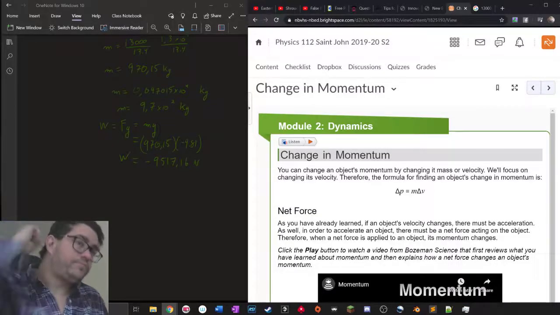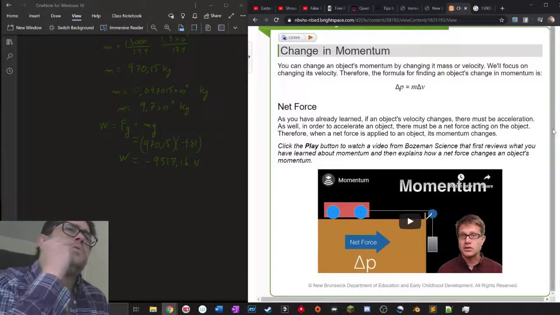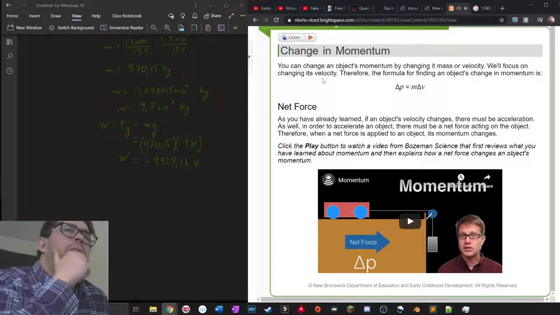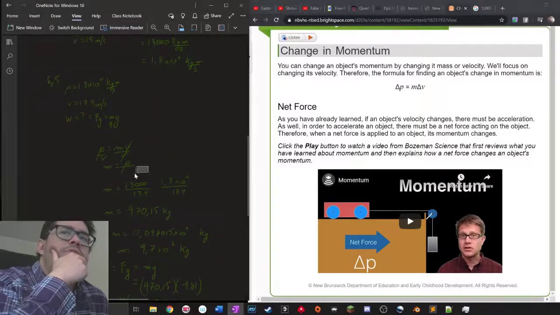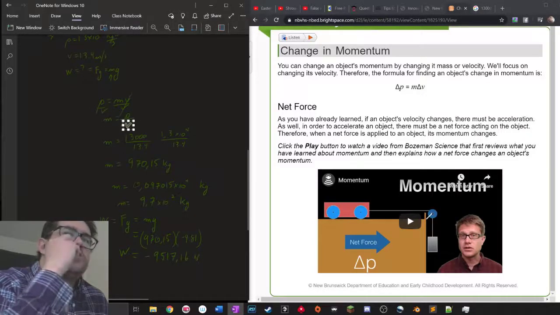No problem. Let's get into the real deal. So, when we talk about an object that has a constant velocity, we can determine that it has a momentum, which is a quality of the moving object.